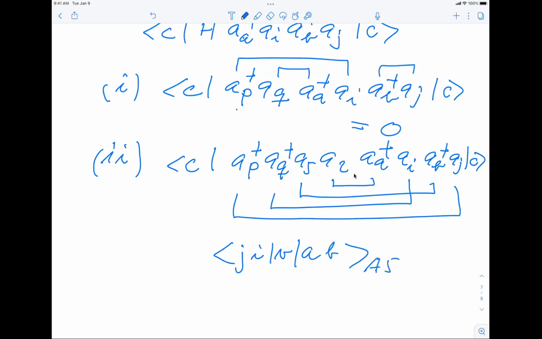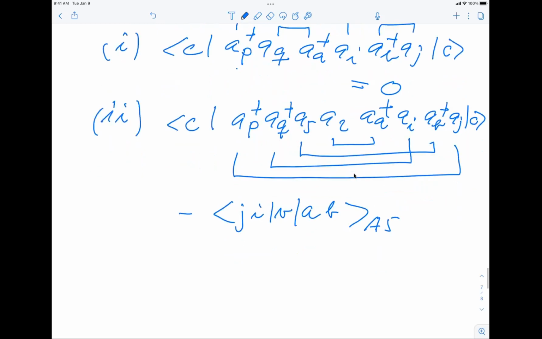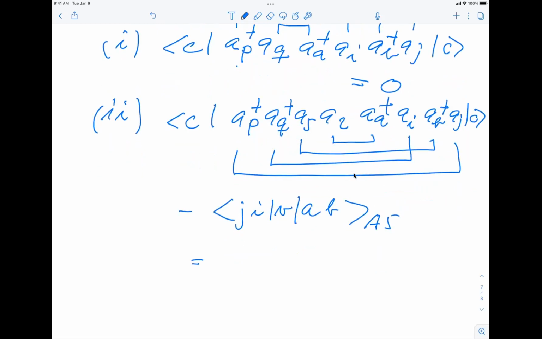Now, in this specific case, we also have a crossing fermion line, so that gives rise to a minus. And we can always rewrite that one as a plus ⟨IJ|V|AB⟩ anti-symmetrized. Now, due to the permutations which we can have here, this is multiplied with a factor of 1/4. There are actually 3 more matrix elements which are going to give us the same type of expressions.